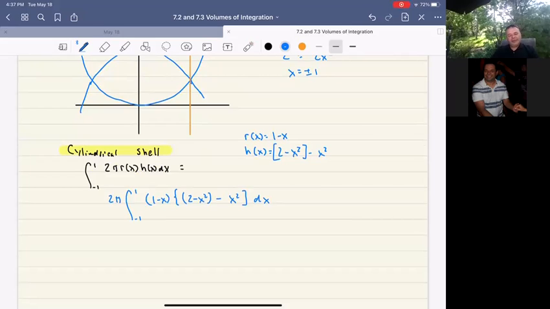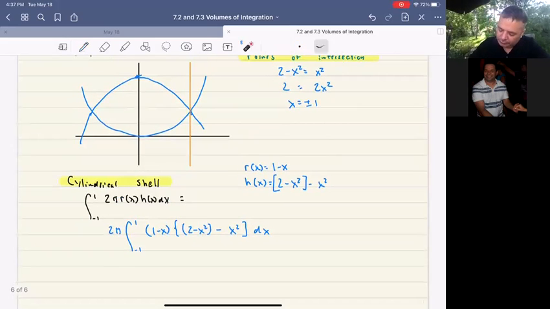So let's go ahead and do this with the circular disk method. Circular disk method is a little bit trickier, a lot trickier, but we can use symmetry here. Because I know it doesn't look symmetric by my terrible drawing, but this lower part and this upper part are symmetric.